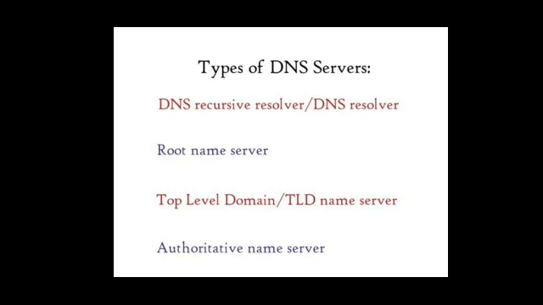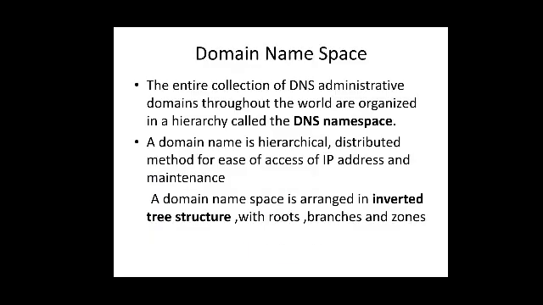So these are the different types of DNS servers. First, the DNS resolver: your internet service provider has a DNS resolver, and whenever you try to fetch an IP address, the first DNS server you contact is the DNS resolver. Next is the root name server, the topmost DNS server, of which there are only 13, placed strategically throughout the world. Next are the TLD name servers, and then the authoritative name server.